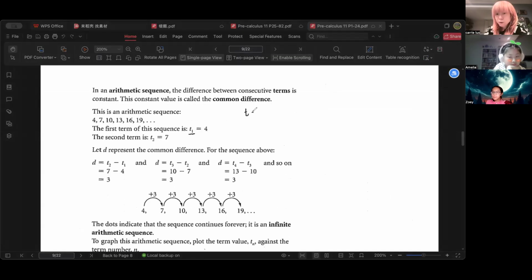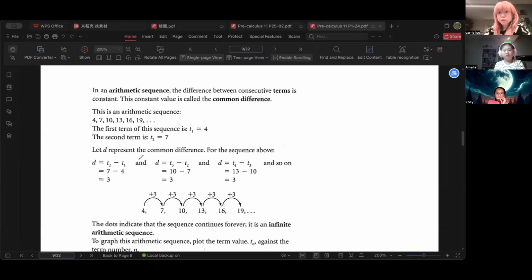This T represents term. So T1 is 4. Sometimes we also use A. You can say A1 equals 4, A2 equals 7, A3 equals 10. Or we can say T1 equals 4, T2 equals 7, T3 equals 10. That's the same thing. Clear, Amelia?